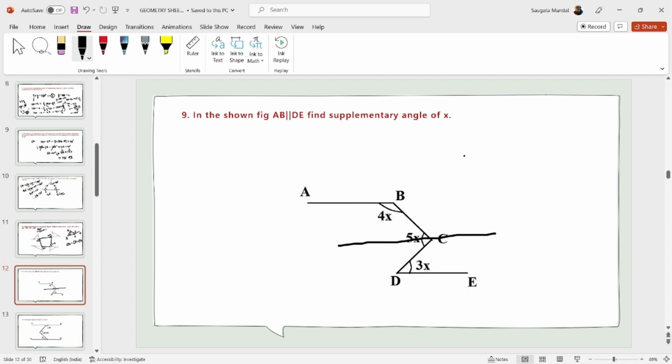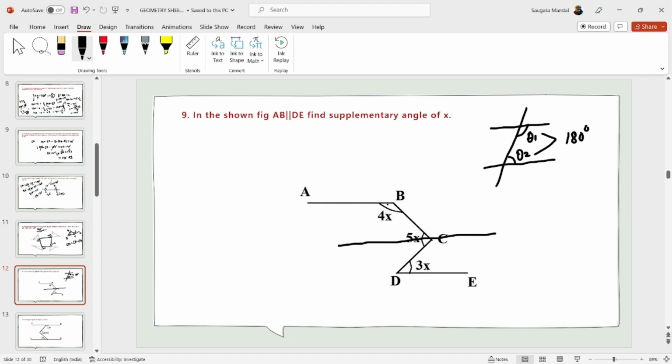In the same way, we should know that if there are two parallel lines and one transversal line cuts the two parallel lines, then two angles are formed, theta 1 and theta 2. The sum of theta 1 and theta 2 must be 180 degree.